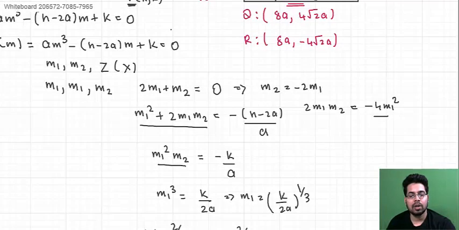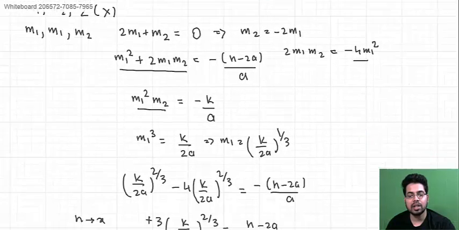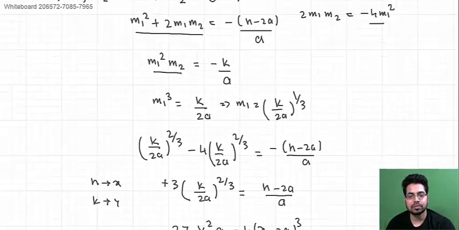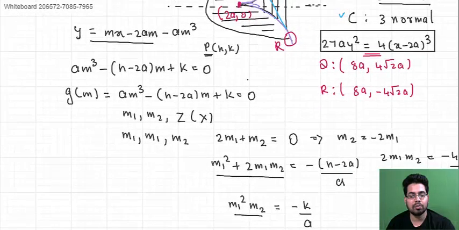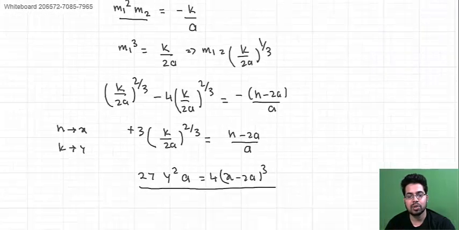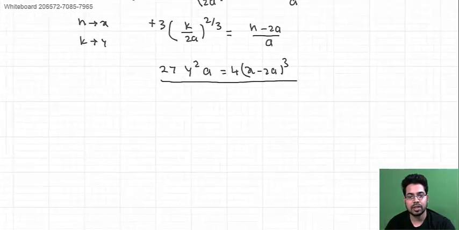Okay, now let's talk about a case where we can have three different normals. So if I'm talking about a case where I'm having three different normals, let me write this function again so that I don't have to scroll back.